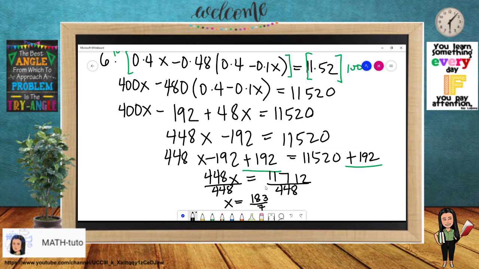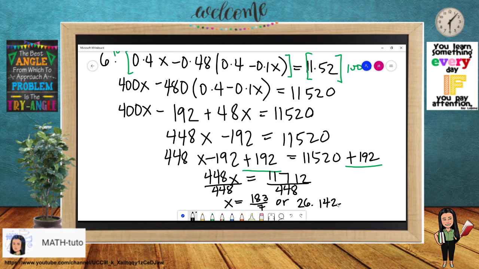Pwede naman na in fraction form ang inyong answer. Wala namang problema doon. Pwedeng in fraction form. Or you can convert it to decimal. Pag ginawa nyo siyang decimal, that is 26.142. Okay?